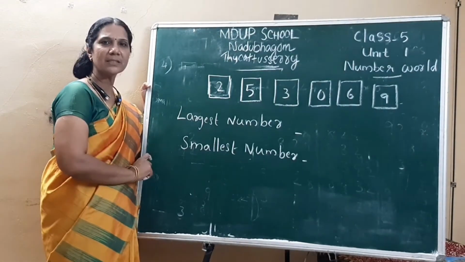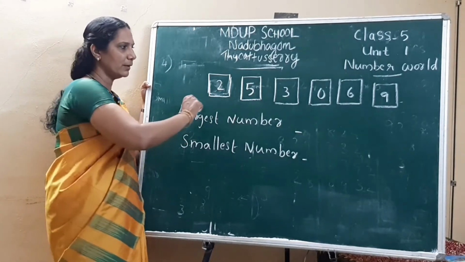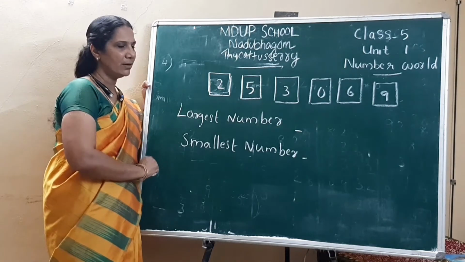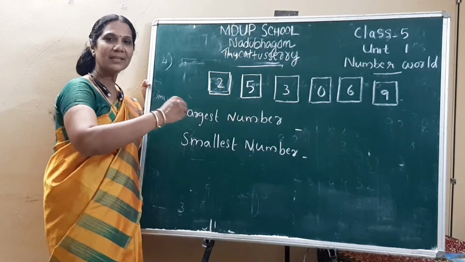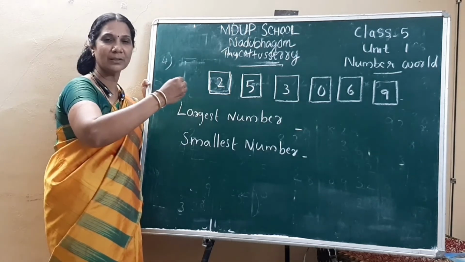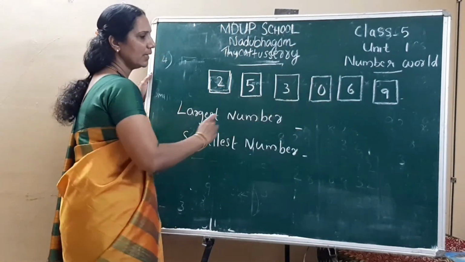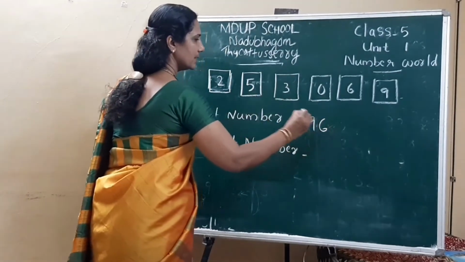So what is the largest number? You know how to get the largest number if some digits are given. For getting the largest number, we want to write the digits in which order? Decreasing order, larger to smaller. So which is the largest digit here? 9. The second one, 6.